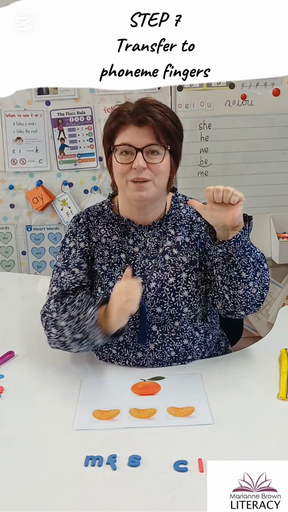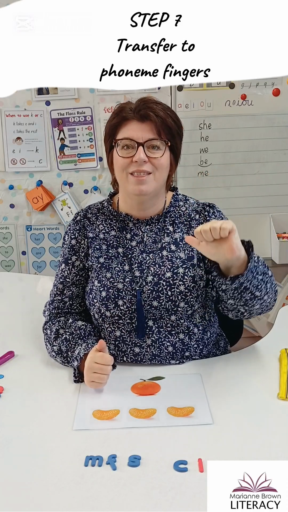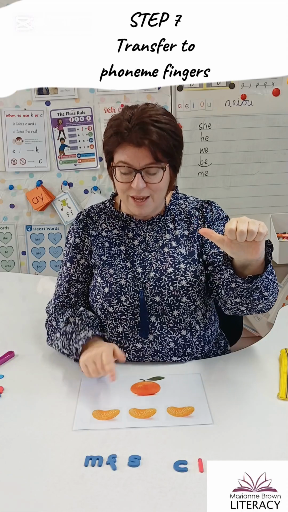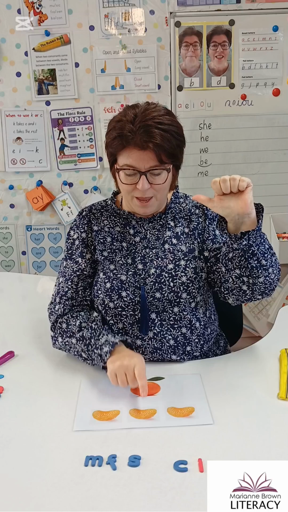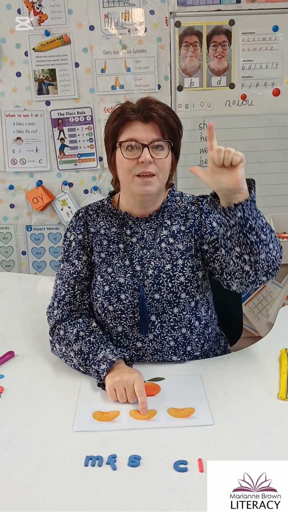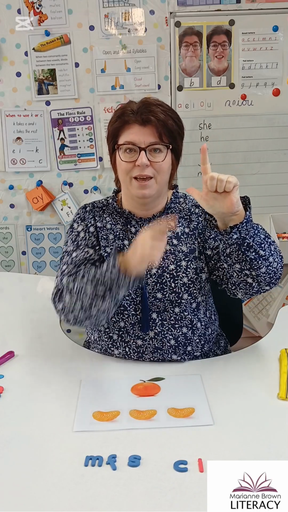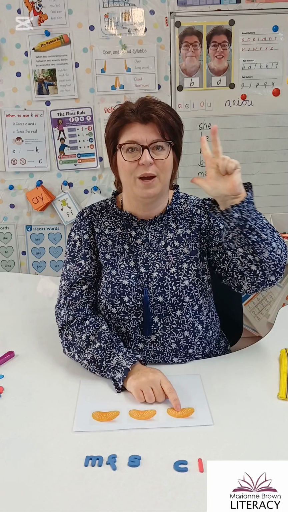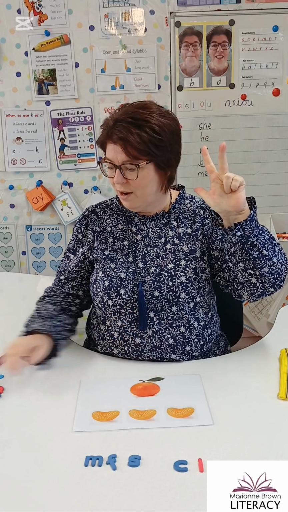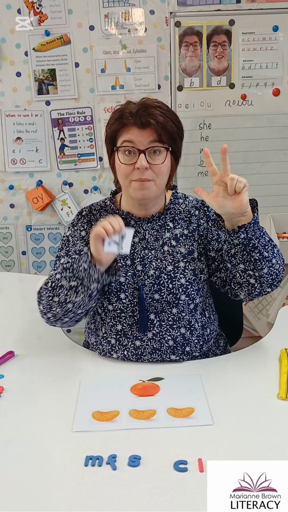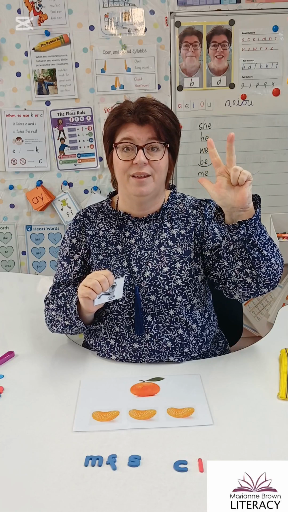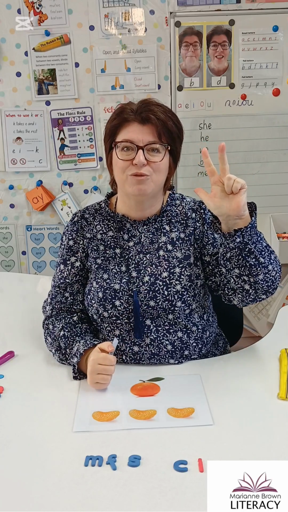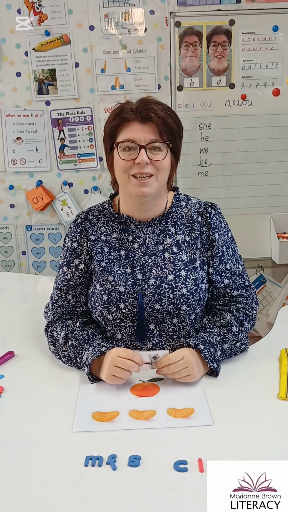And obviously I have the big discussion about which way the phoneme hand goes. But this is the first one. This is the first finger. This middle one represents this finger here. And then the third one is here. So when I have the word tap, I can go t-app, and I've got the phonemes right there ready for when I'm writing.